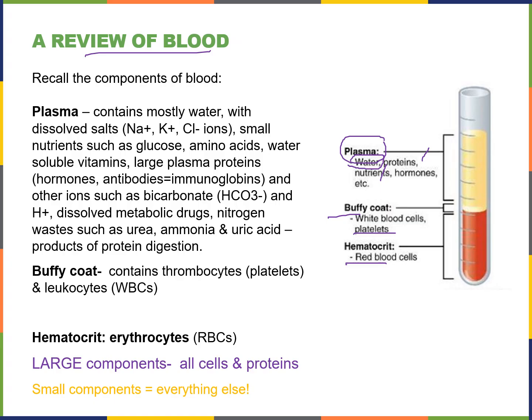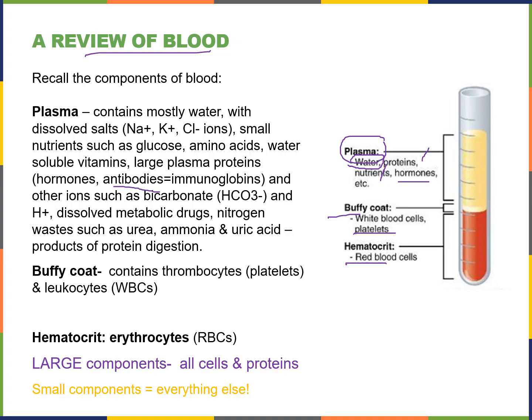Proteins, glucose, amino acids. Notice that proteins are not amino acids. Amino acids are amino acids. Proteins are big structures, the macromolecule. Hormones, we have ions, sodium ions, all the different ions you can think about. Immunoglobulins, which are antibodies, right?